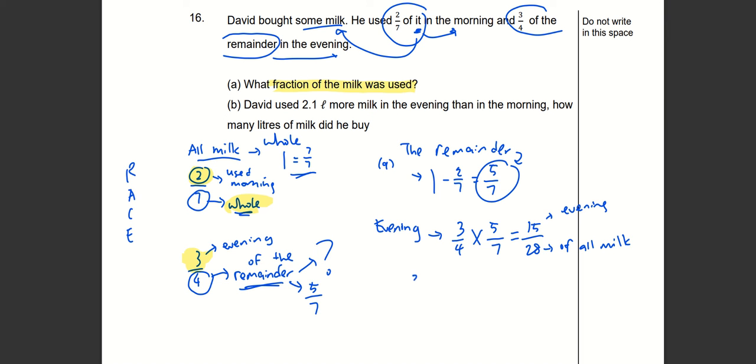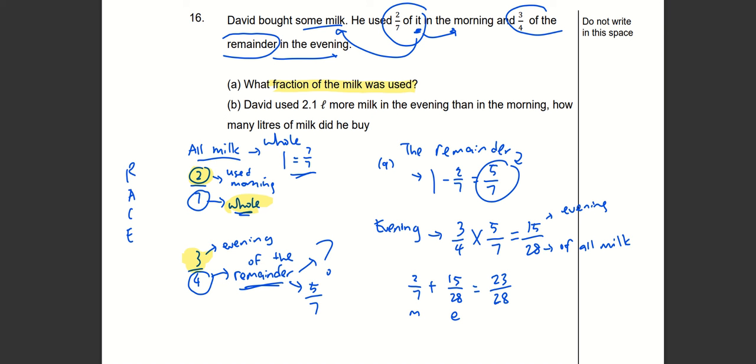The morning was 2/7 plus 15/28, that was evening. I will get 2 times 4, 8, 8, and then you get 23 out of 28. That is the fraction of all the milk that was used, morning plus evening. So this is morning and this is evening.